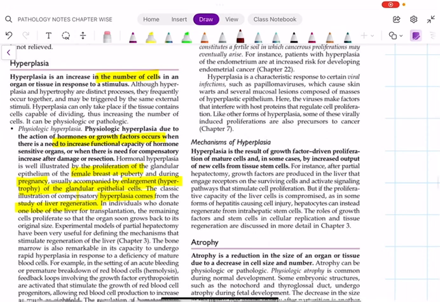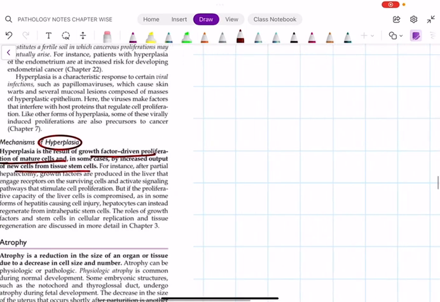What are the features or mechanism? In hypertrophy we told the PI3K/Akt, GATA4, NFAT pathways. Similarly, in hyperplasia we have growth factor driven proliferation of mature cells as well as increased output from new tissue stem cells. How to remember the mechanism of hyperplasia?